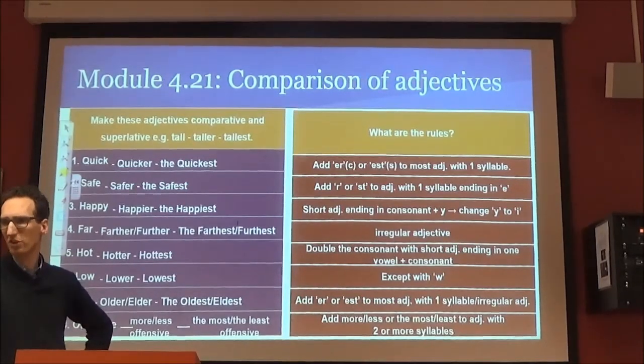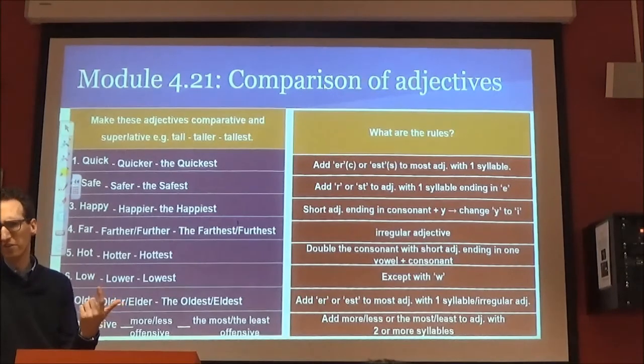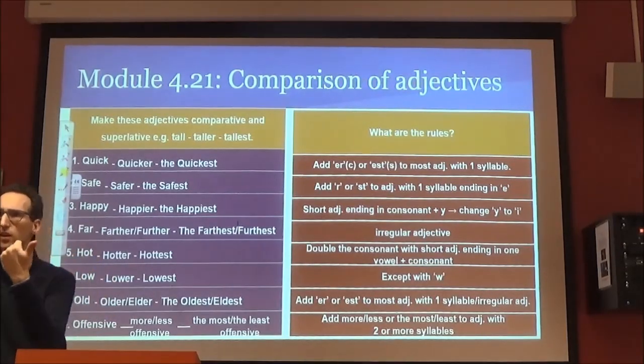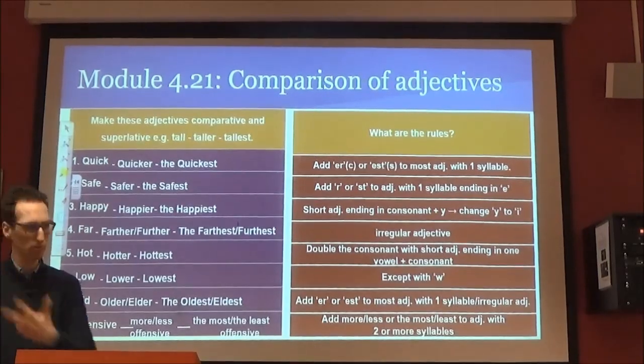And that's the rule you need to learn. ER, EST, or more or most. All the others are additional rules which you need to look at, read, study. The one you need to learn by heart is monosyllabic words with one syllable, ER, EST. More than one syllable, add more or most. And the exception is in your book as well.